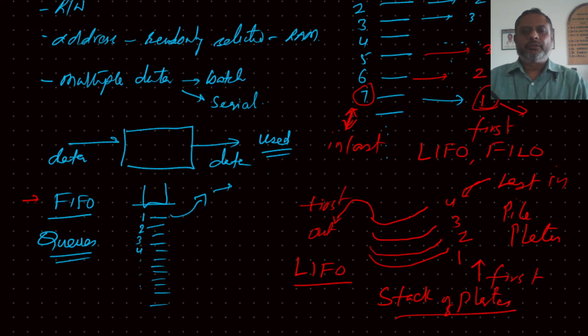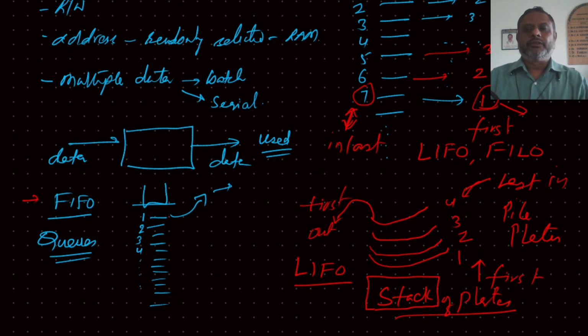So there are two types of serial data being dumped onto a buffer, and that depends on how it is used. If the first one is used first, then we call it a queue, first in, first out. And if the last one is used first, then it is called a stack, last in, first out.